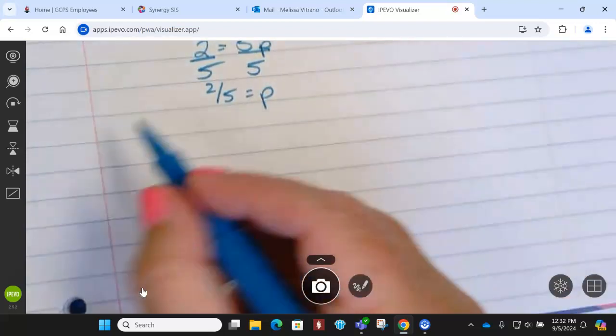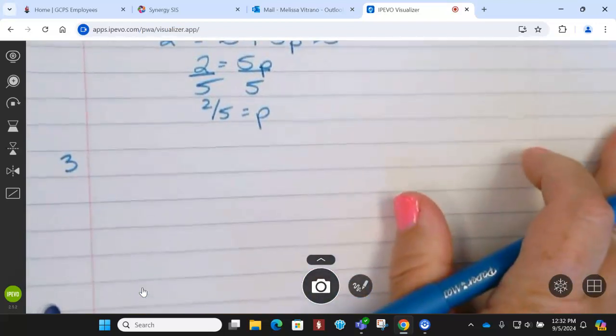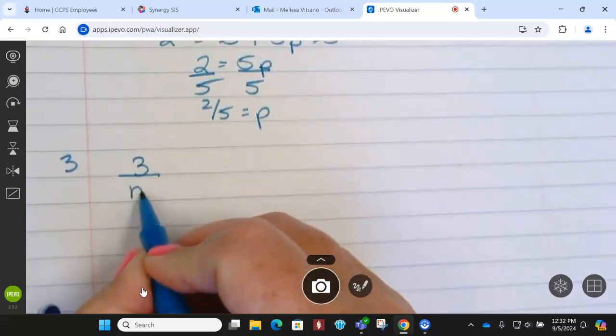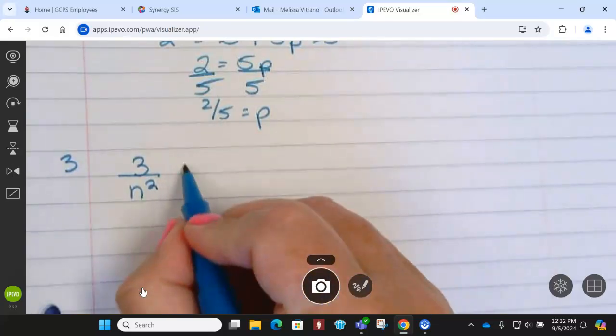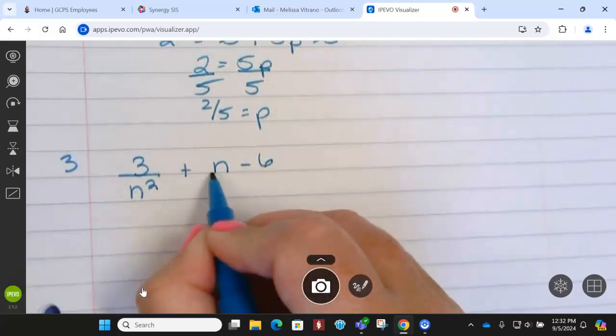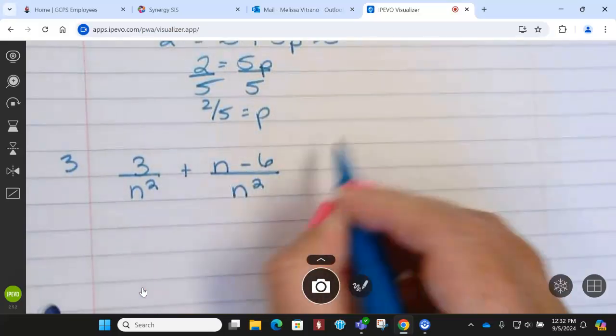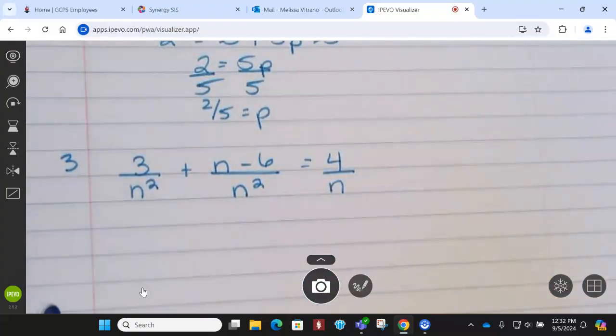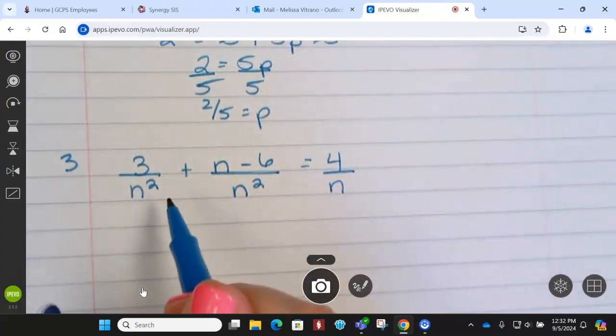We'll try number 3 right here. Oops, there we go. So 3n squared plus n minus 6 over n squared equals 4n. Okay, so n squared is going to be my biggest.